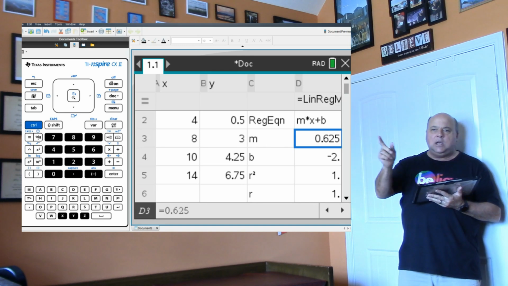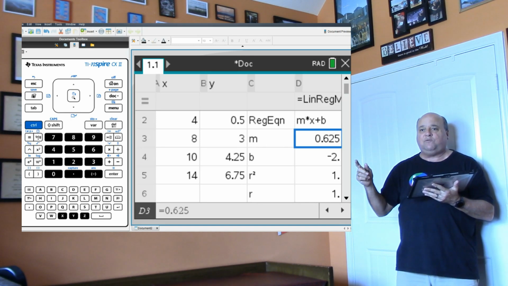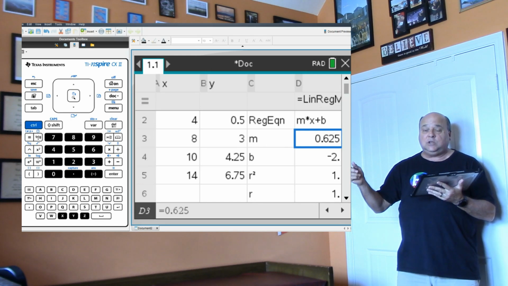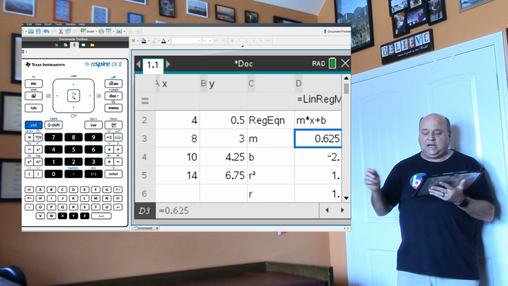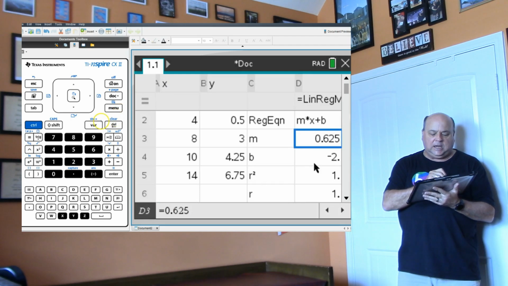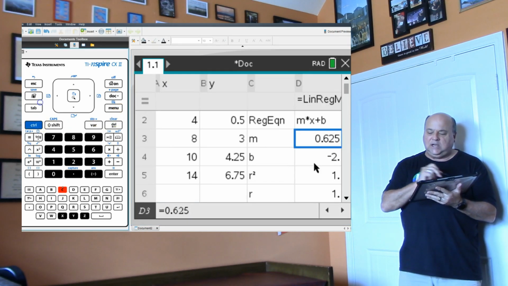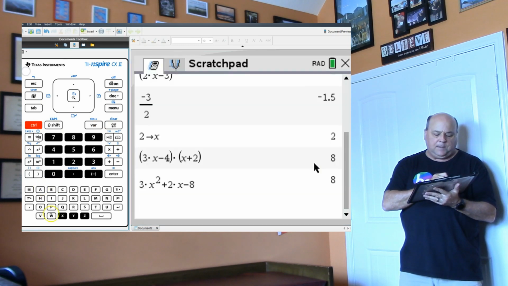Now then notice all of these slopes are fractions. So I need to switch this to a fraction. It's a positive slope, so that eliminates choice D, doesn't it? Because D is a negative. Since the blue box is over 0.625, I'm going to hit Control C. Control C, that copies it. Then hit Home and A, and Control V, paste.